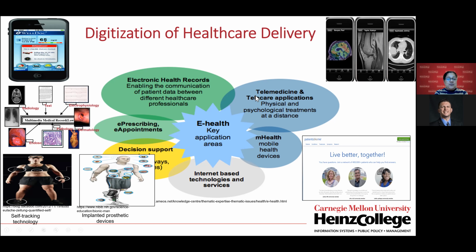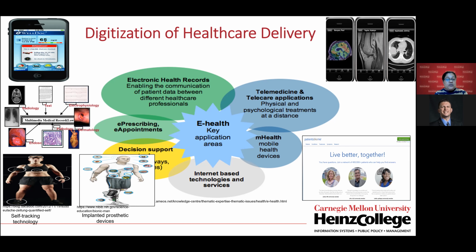We also have this movement toward what we call the quantified self. This is using technology devices, armbands and your smartwatch. I'd like to know how many of you are using a smartwatch or a Fitbit or these devices to track how many steps you're taking, the calorie intake, the number of floors that are climbed and so on.